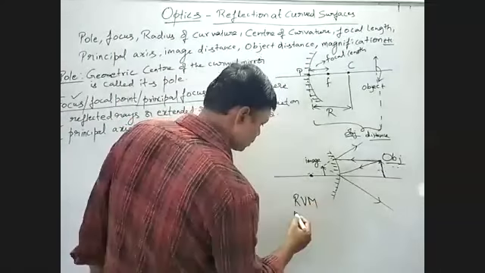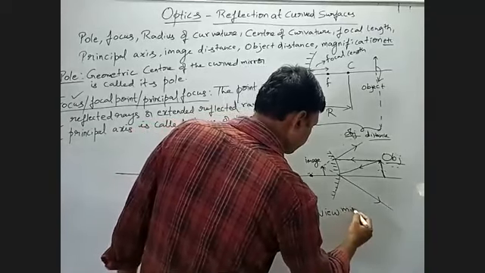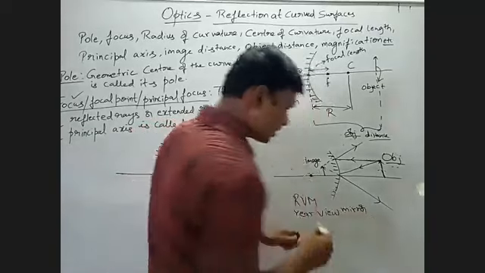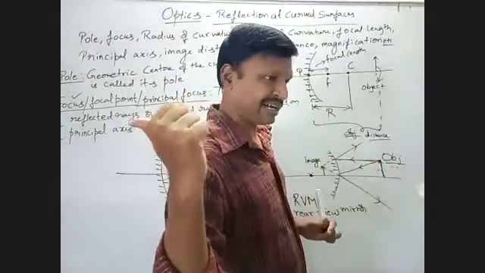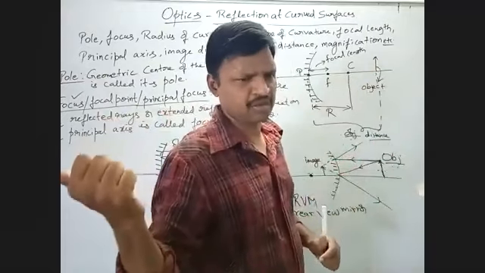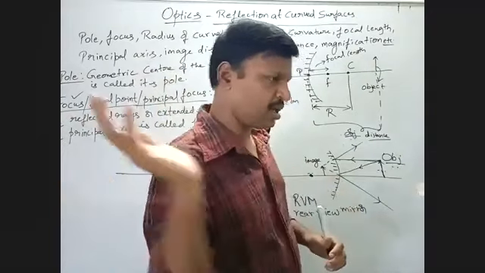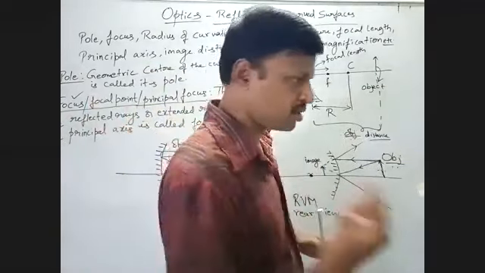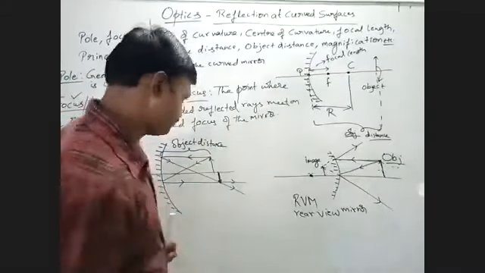RVM means rear view mirror. Suppose this is my front view, then rear view means back view, the view of things coming from the back side. It is essential for every vehicle.